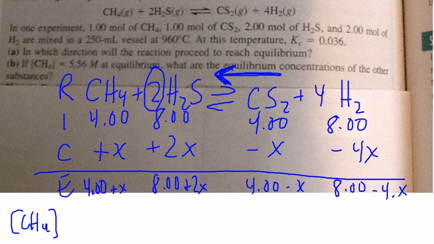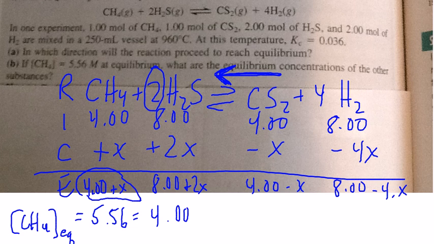The methane at equilibrium, I'll put a sub EQ, we're told is 5.56 molar. And in this scenario here we can plug in. We know that that's equal to 4 plus x. So from this we can determine that x is 1.56 molar.